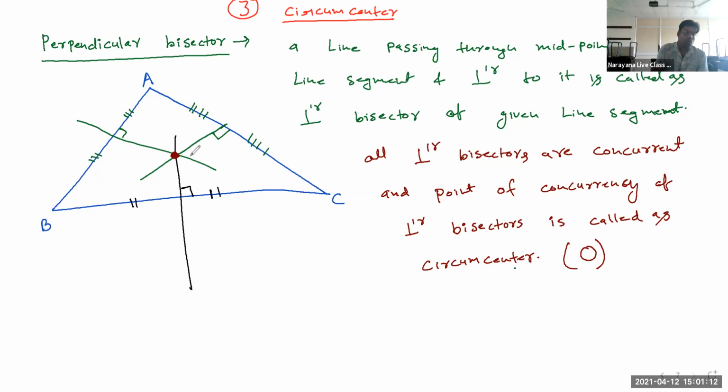Okay. So O is the circumcenter of triangle ABC, which is the point of concurrency of perpendicular bisectors of the line segments. Okay, got it. This is the definition of circumcenter.